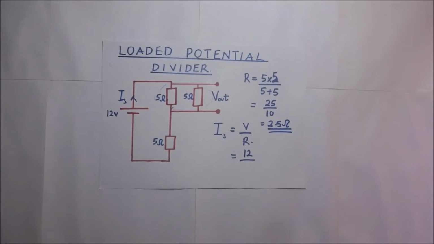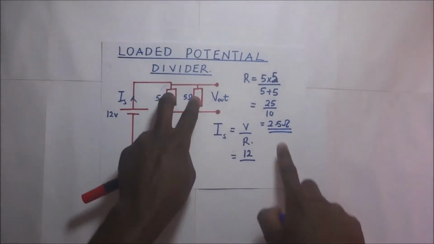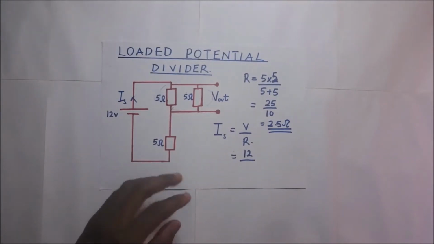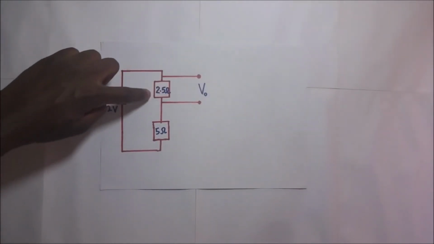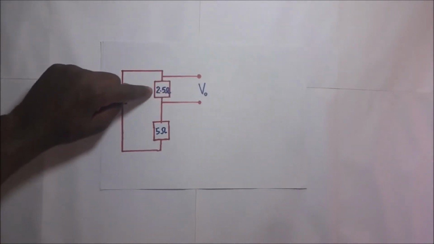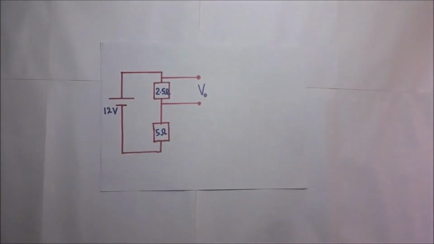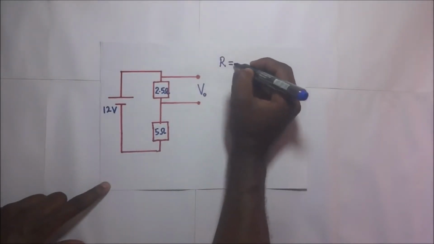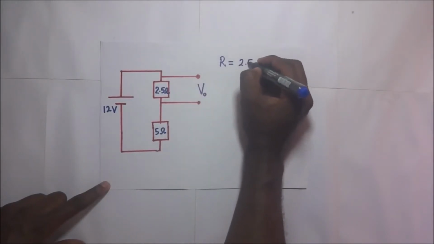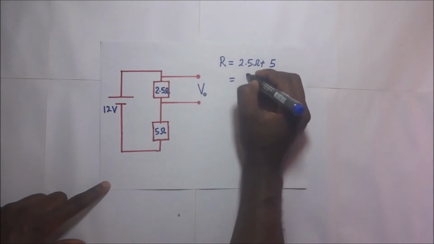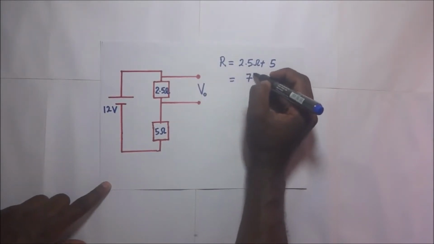If the effective resistance across this combination is 2.5 ohms, our diagram can be remodeled to look like this. So this is the 2.5 ohms we're talking about, the effective resistance across that combination. Now this effective resistance is in series with that resistor. So the effective resistance in this circuit is 2.5 ohms plus 5 ohms, giving us 7.5 ohms.